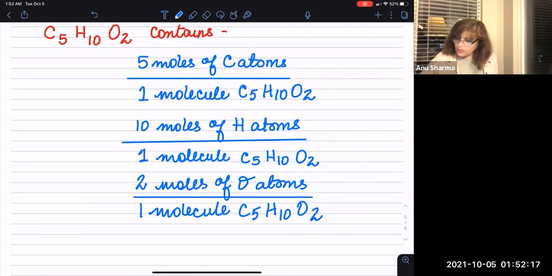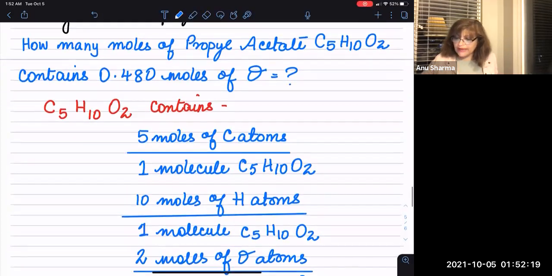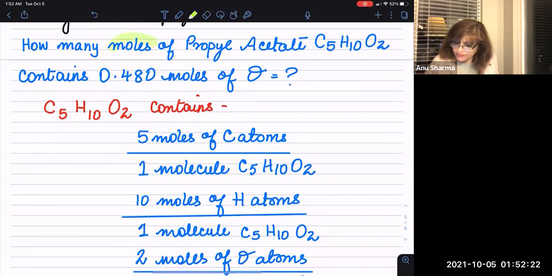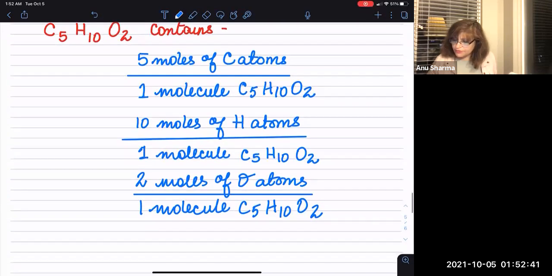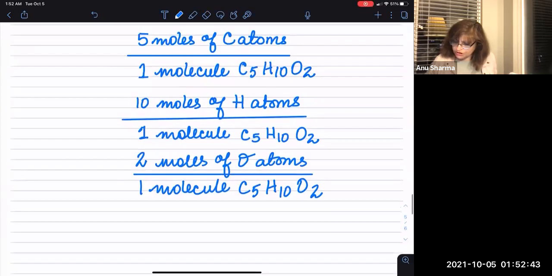Okay, so these are the relationships. Now, how many moles of propyl acetate contain 0.480 moles of oxygen? So you are given the moles of oxygen, and these are known equalities, or conversion factors. So now we are looking at the relationship between the oxygen atoms and the actual molecule.